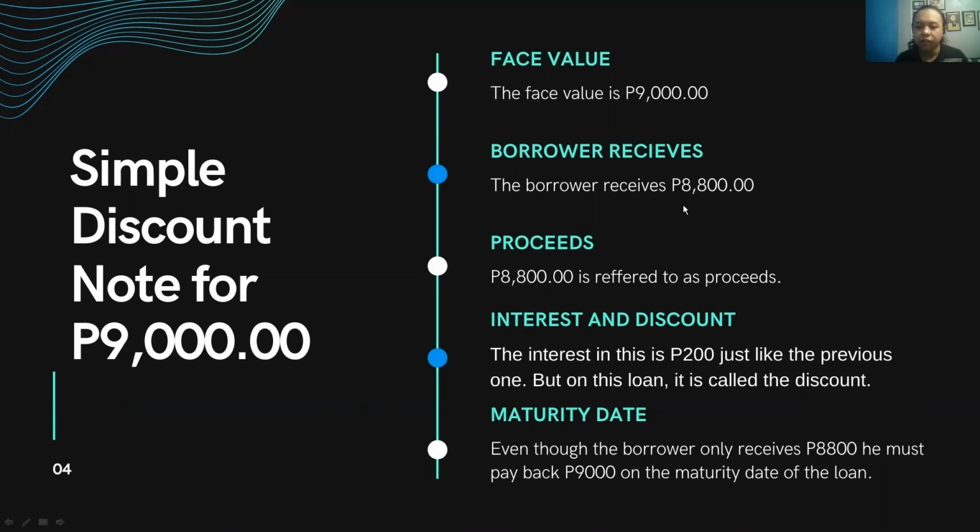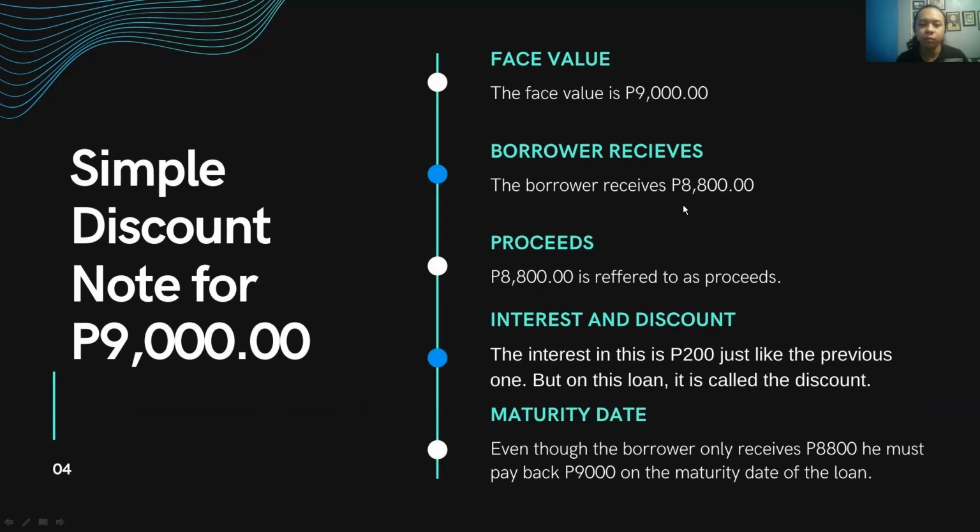The interest in this is 200 pesos, just like the previous one, but on this note, it is called discount. And even though the borrower receives 8,800, he must still pay back 9,000 pesos on the maturity date of the loan.